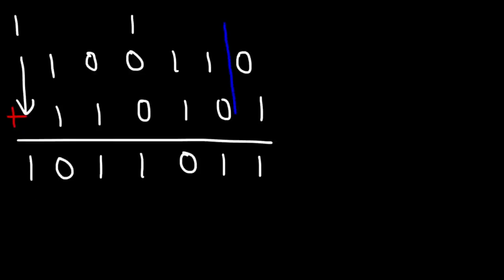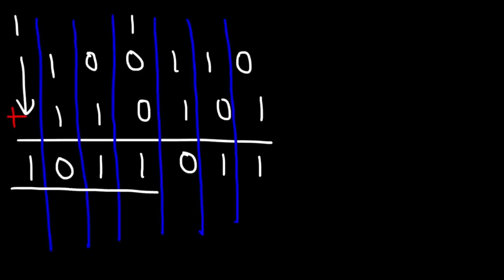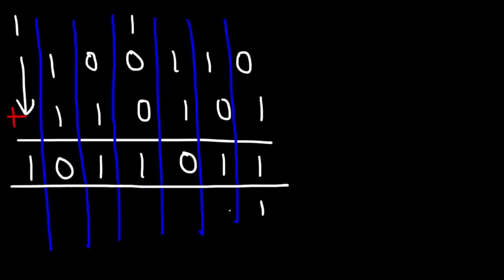So now let's confirm our answer. But let's separate everything into columns, just like we did before. So this is going to be 1, 2, 4, 8, 16, 32, and 64.